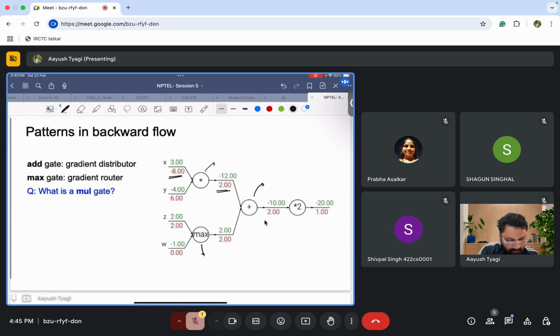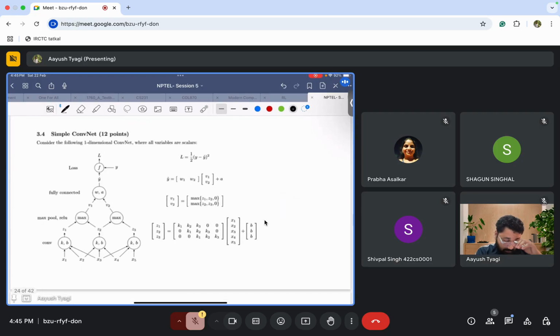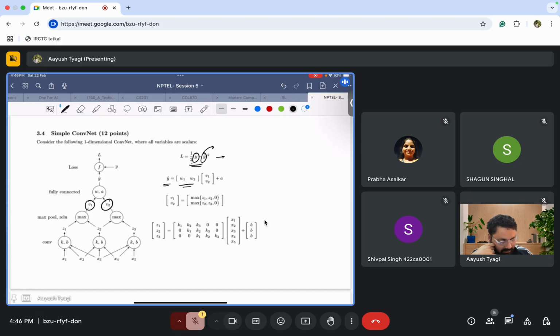Okay, so let's take one more, I think last, example in these gradients. Suppose you have a convolution network. You have a loss function where we are computing MSE loss between the ground truth value and the predicted value, where the prediction is based on W1, W2, and the intermediate outputs coming from max pooling and the ReLU layer, and this is I think the bias term.